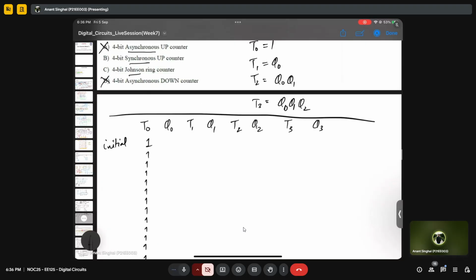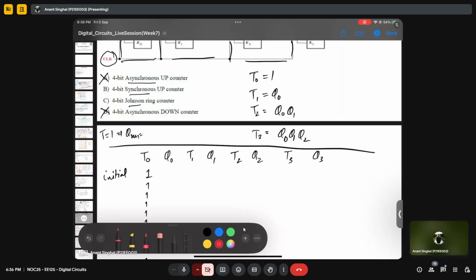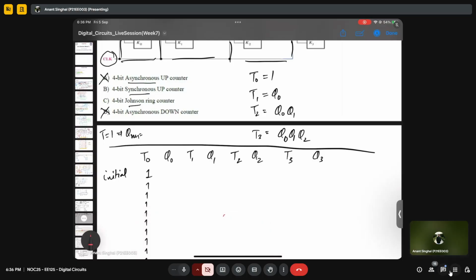So now the Q0, as you know already, we have just done in the problem. So when T is 1, Qn+1 is, anyone quickly? Okay. So Qn+1 is nothing but Qn complement.